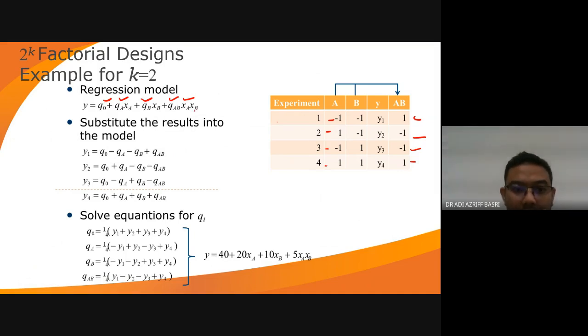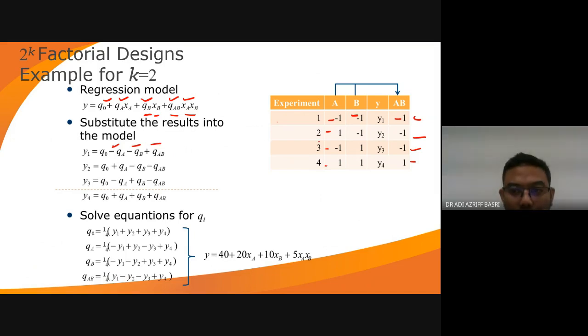Yes, XA is -1, that's why it becomes negative here. Then minus qB times XB, your XB is negative, so this one becomes negative. The third one is qAB times XAB. XAB is 1, so that's why it becomes positive.